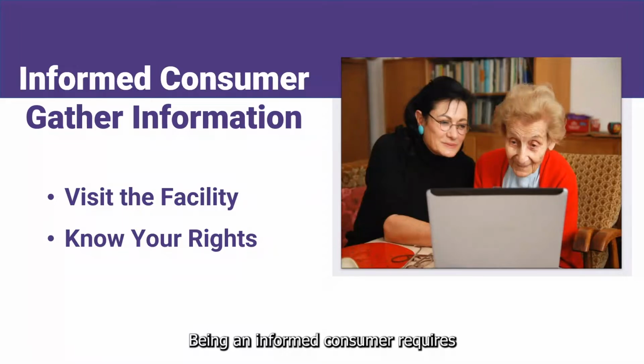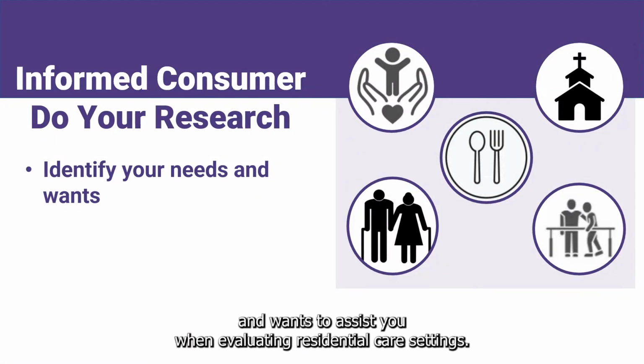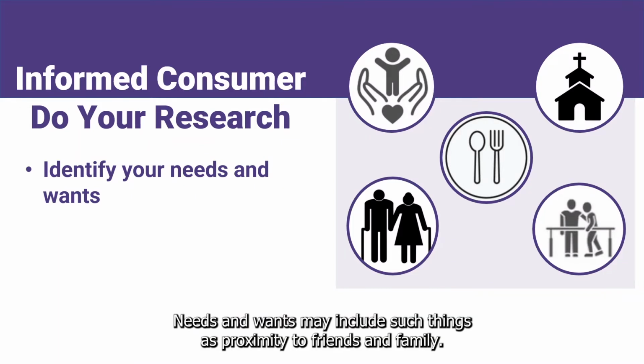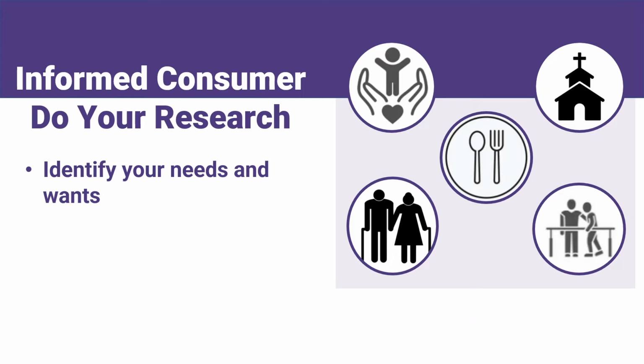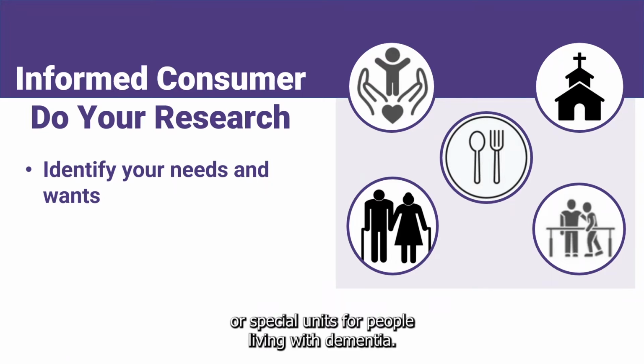Being an informed consumer requires gathering information. To be an informed consumer, do your research. Identify your needs and wants to assist you when evaluating residential care settings. Needs and wants may include such things as proximity to friends and family, nursing care, provided meals, physical therapy, religious services, available hospice care, or special units for people living with dementia.